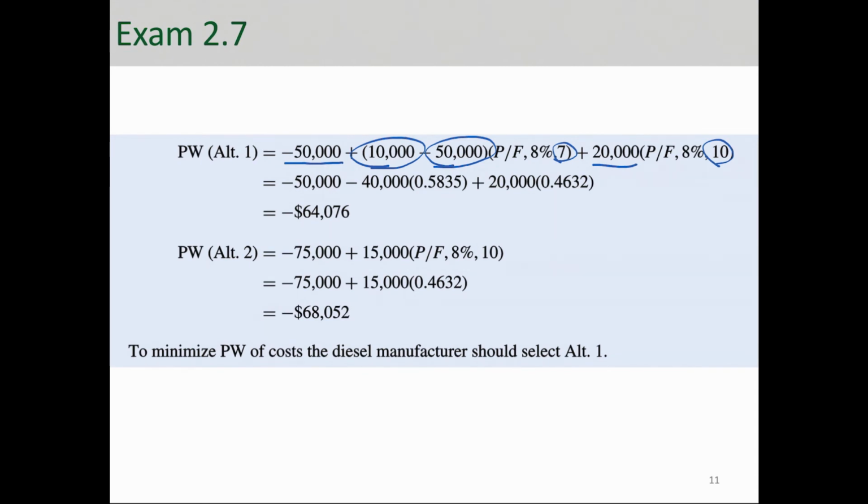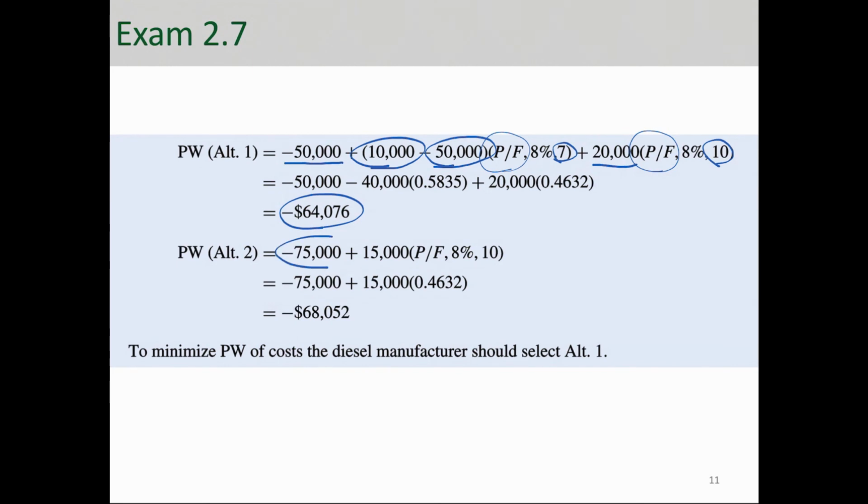And because these are only one-time benefits or costs, we use the P given F factor. You do the math, you get about negative $64,000 as the net present worth. In this case, it is actually all cost because it's negative.